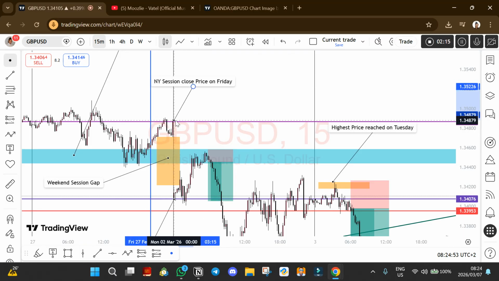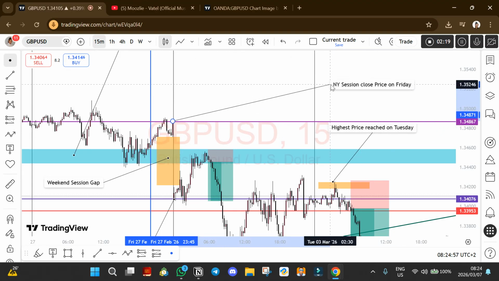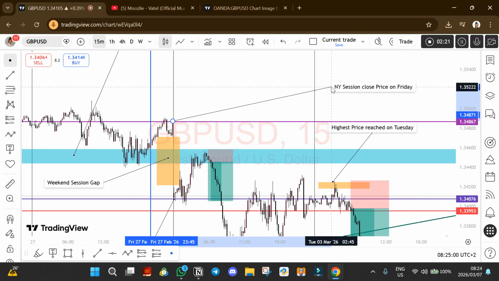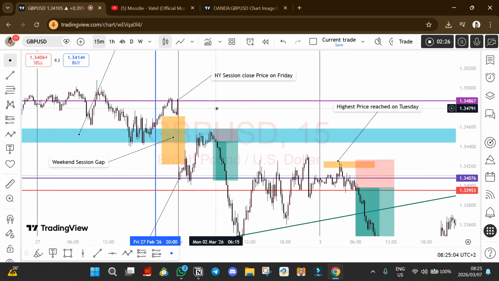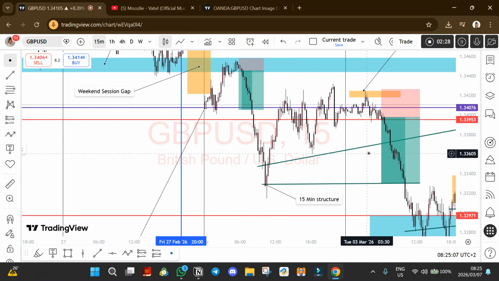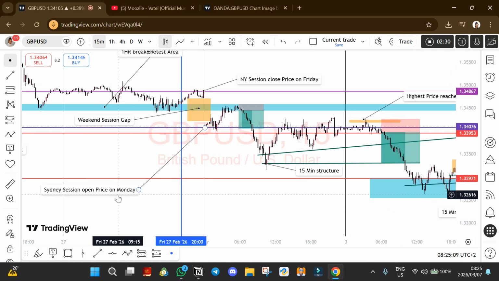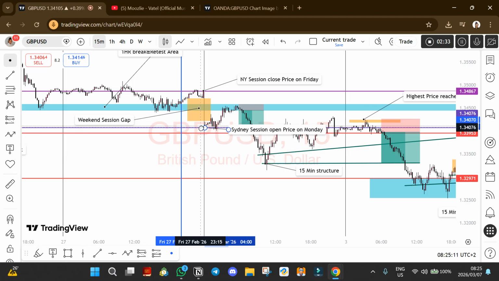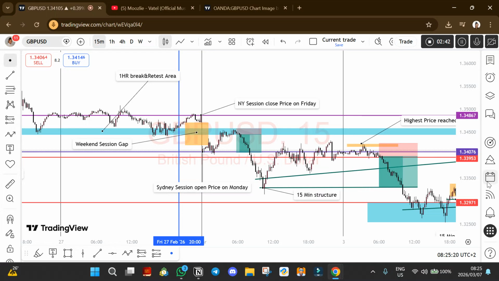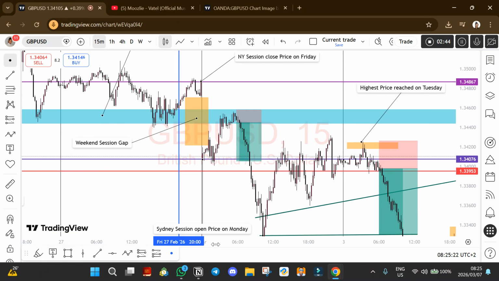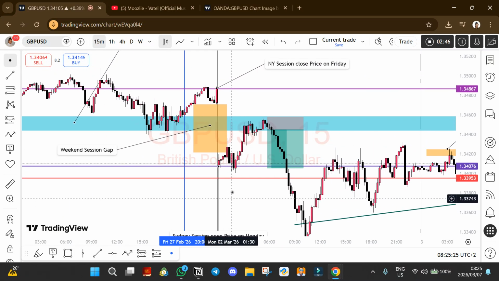This session closed at this price over here, 1.34867, and then market opened with the gap, the Sydney session open on Monday at 1.34076, which is the purple price.